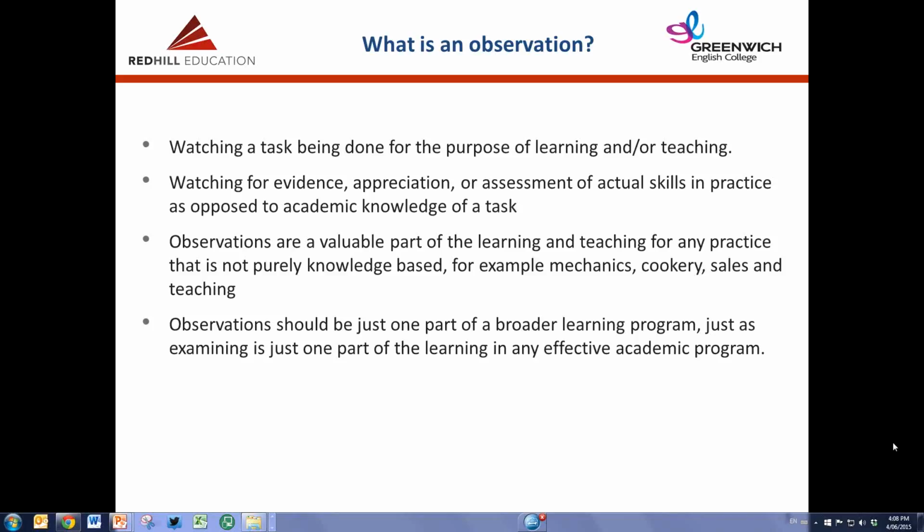You need the face-to-face teaching. You need the guidance, the counseling, the mentoring. You need the study and the theoretical learning as well.